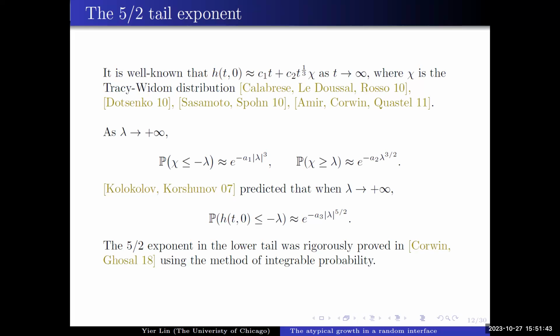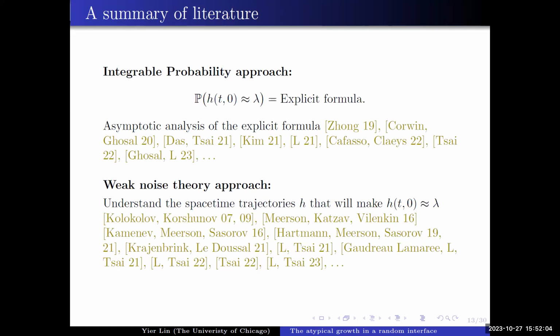This 5/2 tail exponent has received a lot of interest recently from the side of stochastic PDE and integrable probability. It was first rigorously proved in the work of Corwin and Ghosal using methods of integrable probability. There have been two approaches till now.